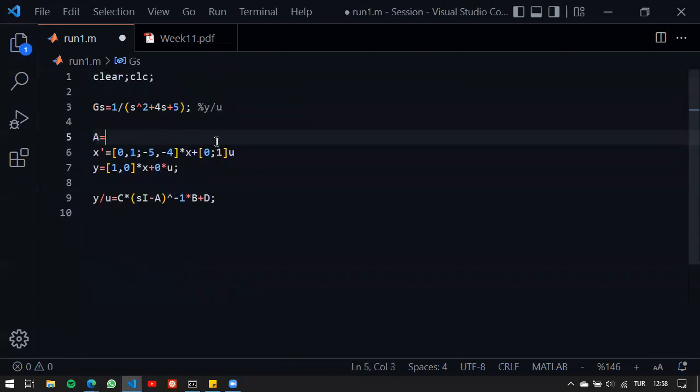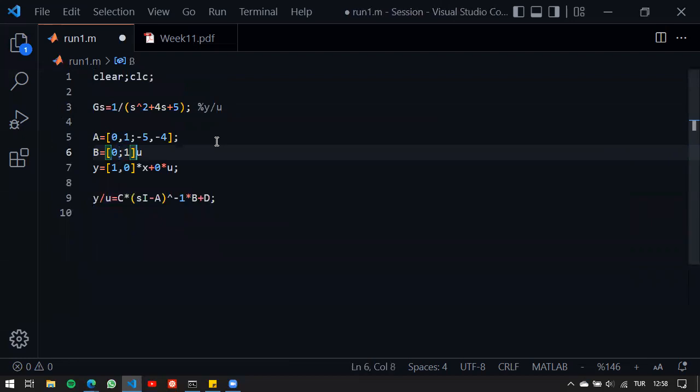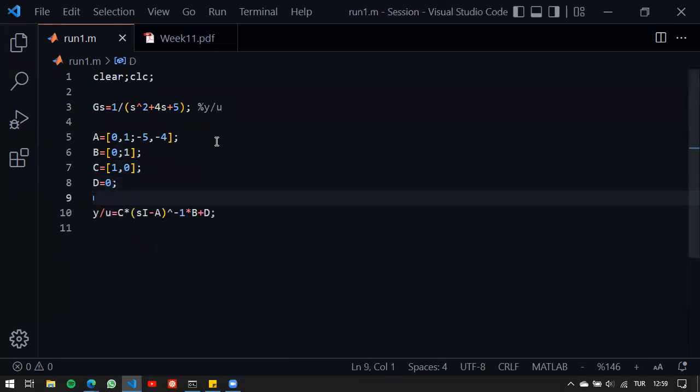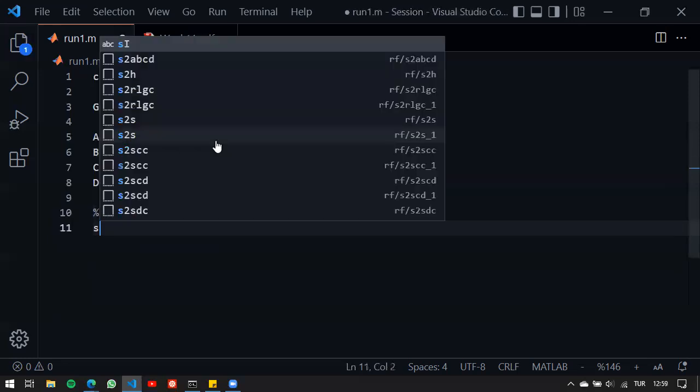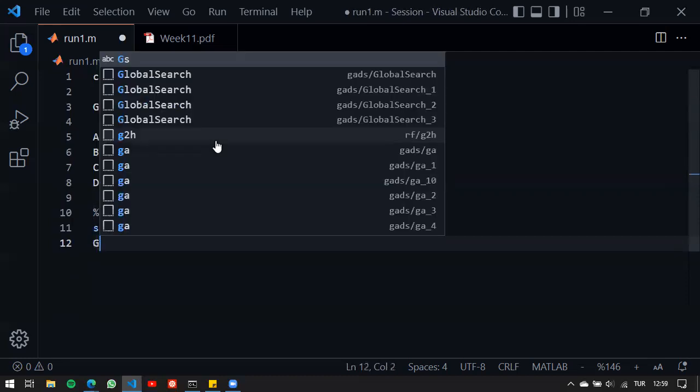So let me just define A. There we go. And B. This is C. And D is equal to 0. So let me just define S, symbolic S. And the steps are fairly easy.